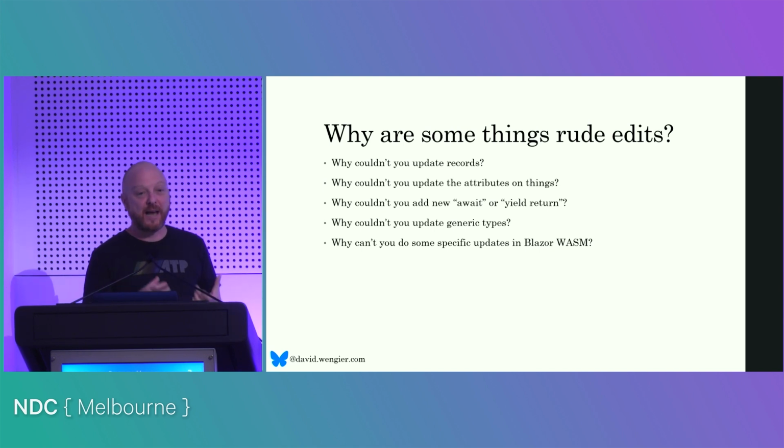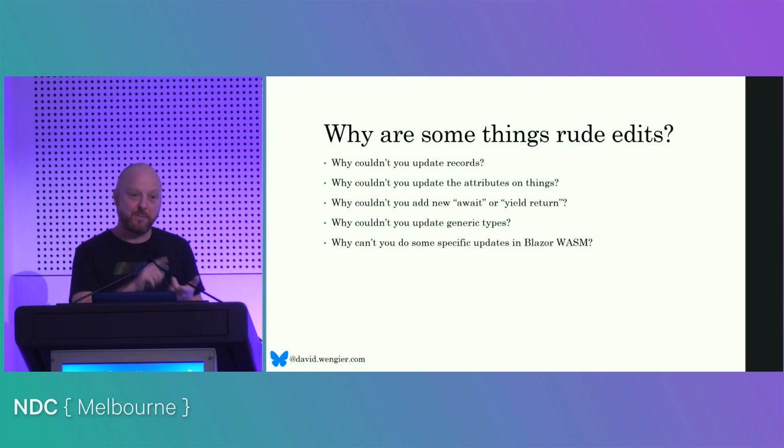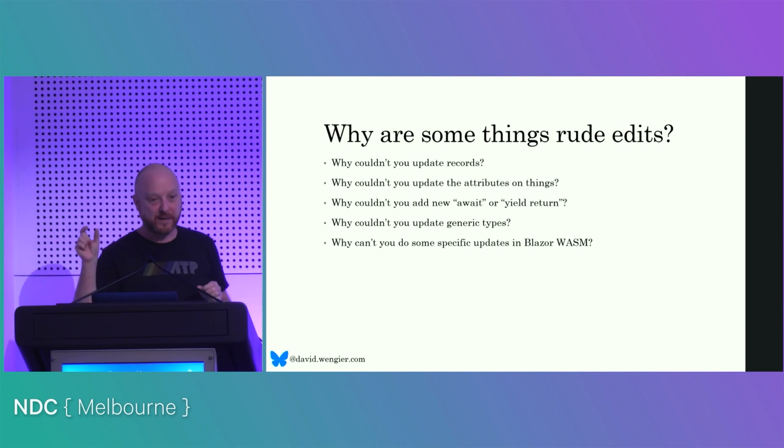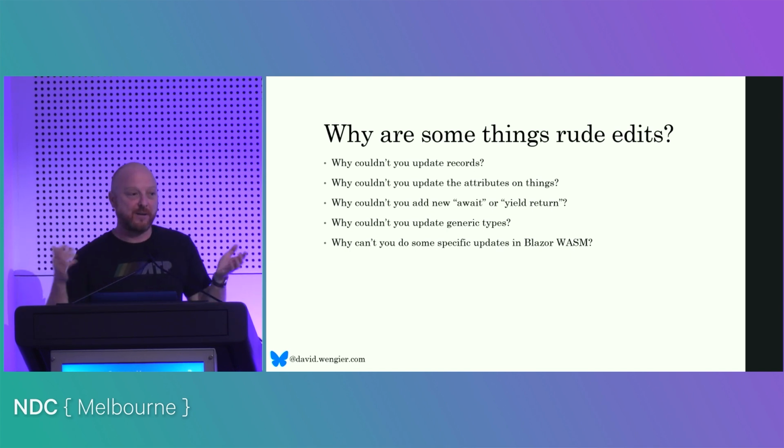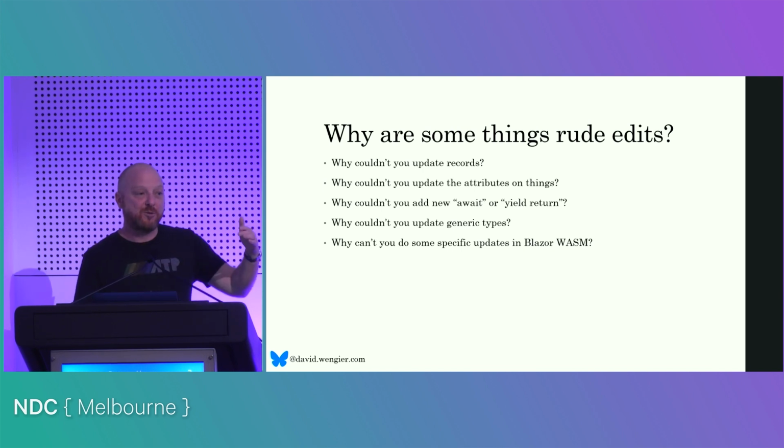The attribute table actually does work that way, because attributes can be on almost anything. It can be on a property, a method, blah, blah, blah. So it turns out it's actually really quite convenient to say, here's an attribute, it's for this thing. And this thing, because it's a metadata token, because it tells you what table it's from, that's all you need to know. I know whether this is now an assembly attribute or a method attribute or a property attribute, etc. But of course, updating that was hard because the attribute table has to appear in a specific order, and that order is the order of the types that they come from.